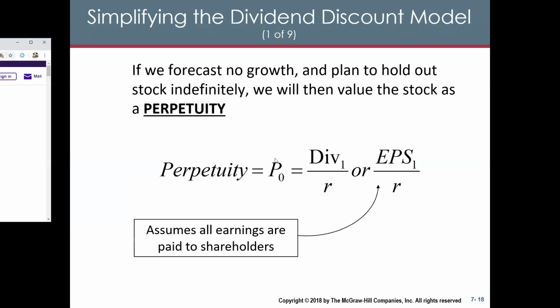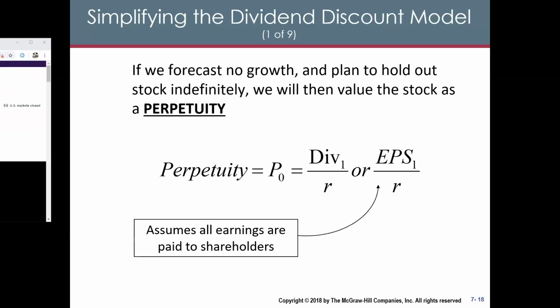So here, the price today, using the formula for the perpetuity, is DIV divided by R, which gives you P0. And by having no growth, a constant dividend, we are also assuming that the earnings are all paid to shareholders. So we assume the company does not retain any earnings. All the earnings are paid to shareholders as dividends.